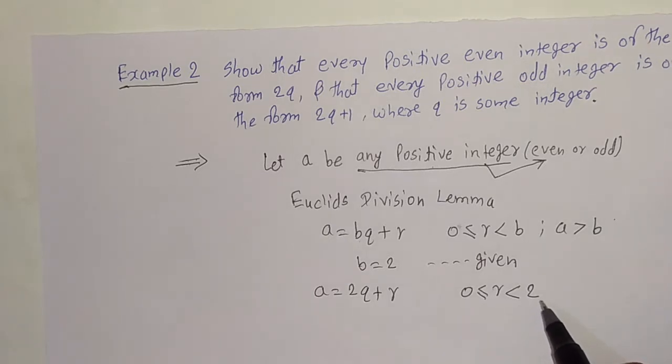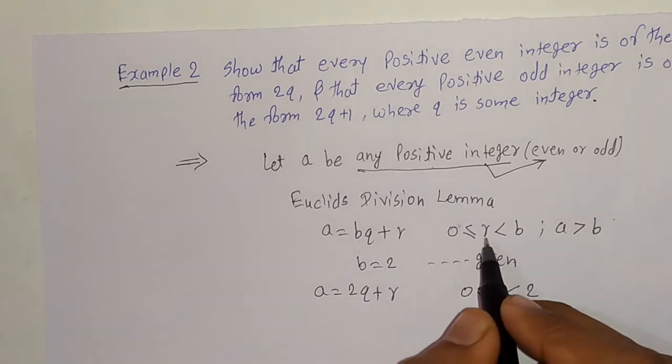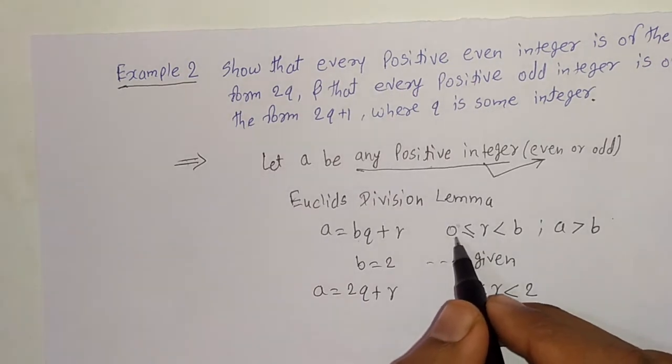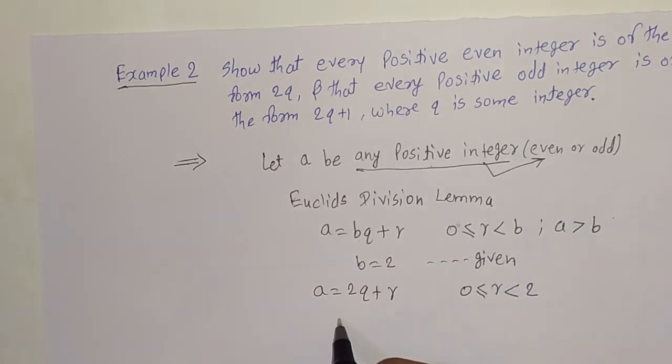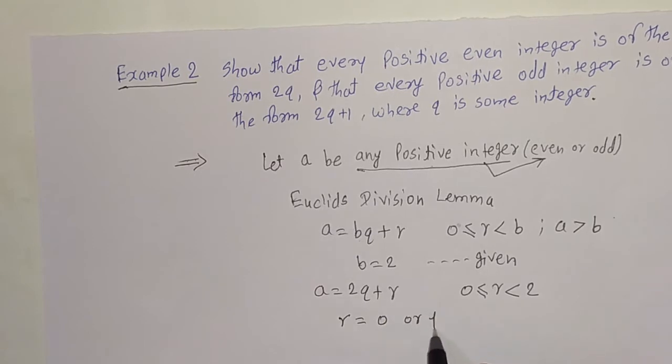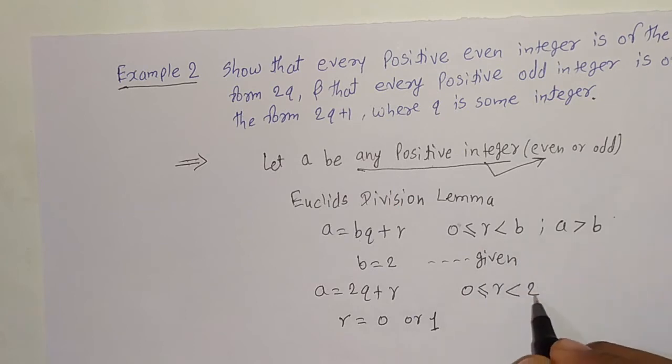So what are the possible values of r? r has to be less than b and greater than or equal to 0, so the possible values of r will be 0 or 1.